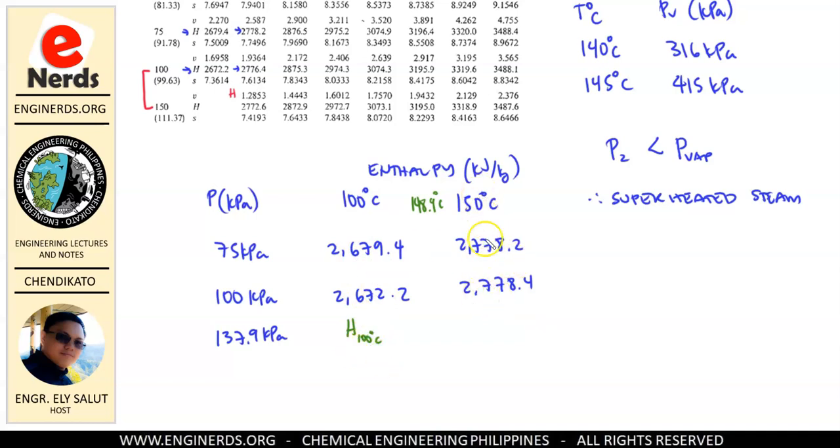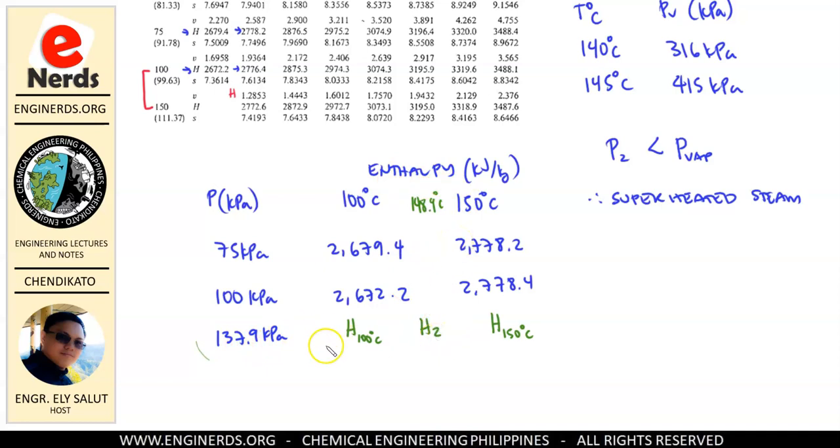And then ito naman, kapag in-extrapolate natin, ang makukuha natin is yung enthalpy at 150 degrees Celsius. So ang gusto nating makuha is yung enthalpy in 148.9. So that is what is going to be our H2, no? So yan ang kailangan nating makuha. Ang pressure is nasa 137.9 at ang temperature is 148.9.